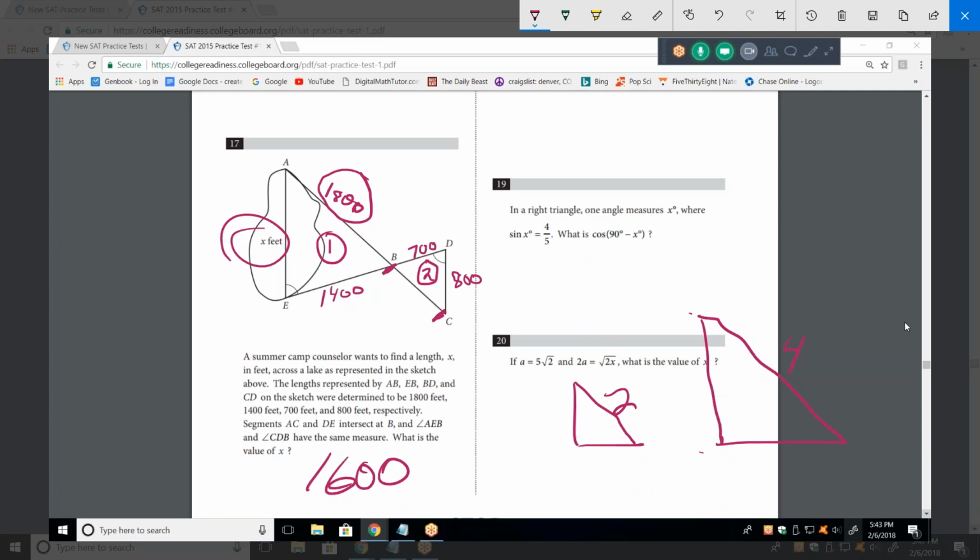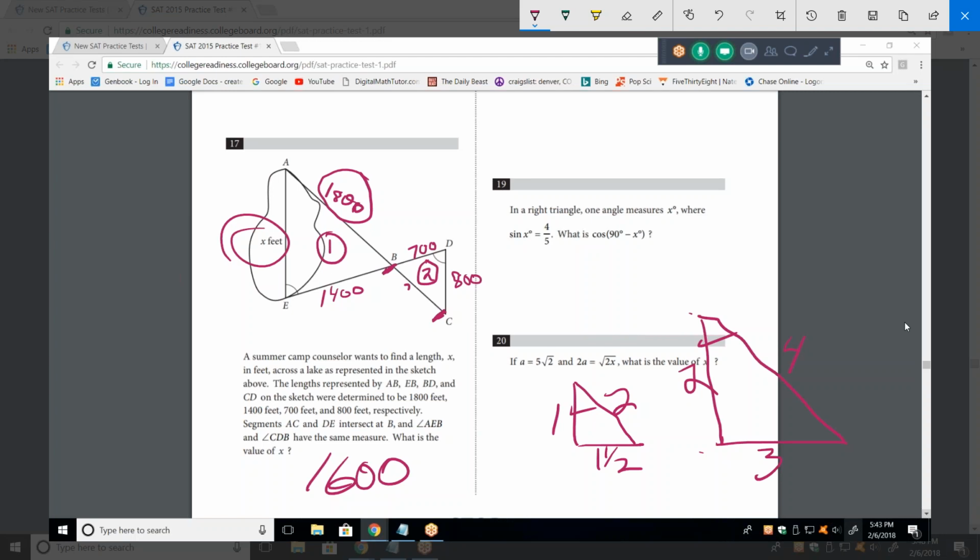If this is a 2 over here, then this has to be a 1, because they're the corresponding sides. That side there is the corresponding side of those two triangles. And if the two triangles are similar, then that ratio is always the same. And if this was a 3, that would have to be 1.5. In other words, you have to maintain that 2 to 1 ratio when you're talking about every side.